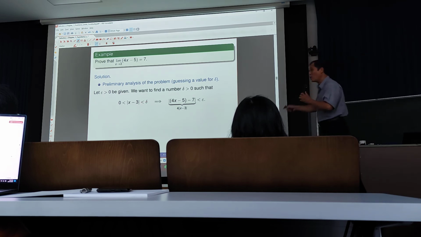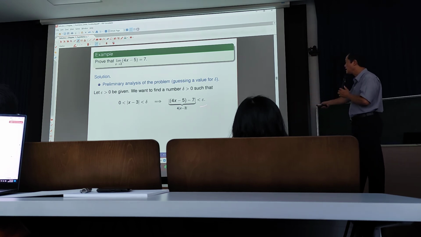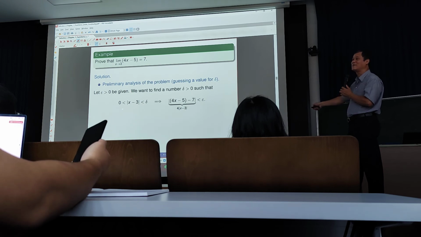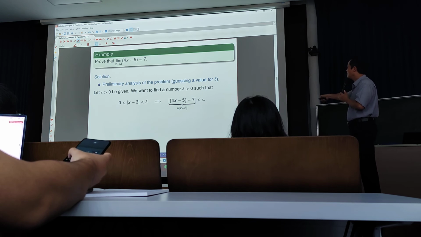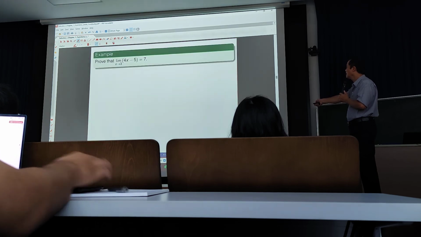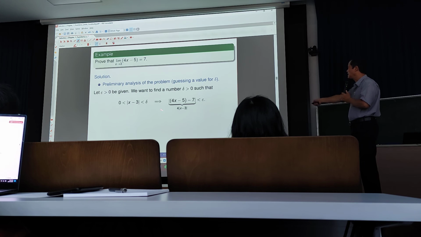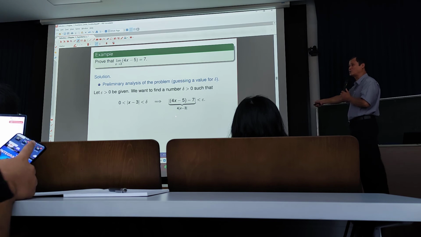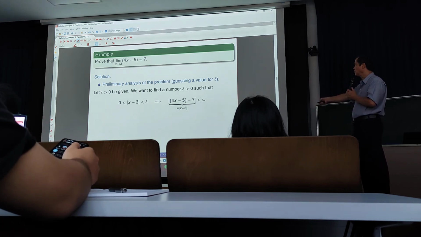Then, backward means you start from the conclusion. Try to make it appear x minus 3. Then you can find delta. Now look at that. The modulus of f(x) minus L less than epsilon means you want to have this conclusion, which is the modulus of 4x minus 3 less than epsilon.